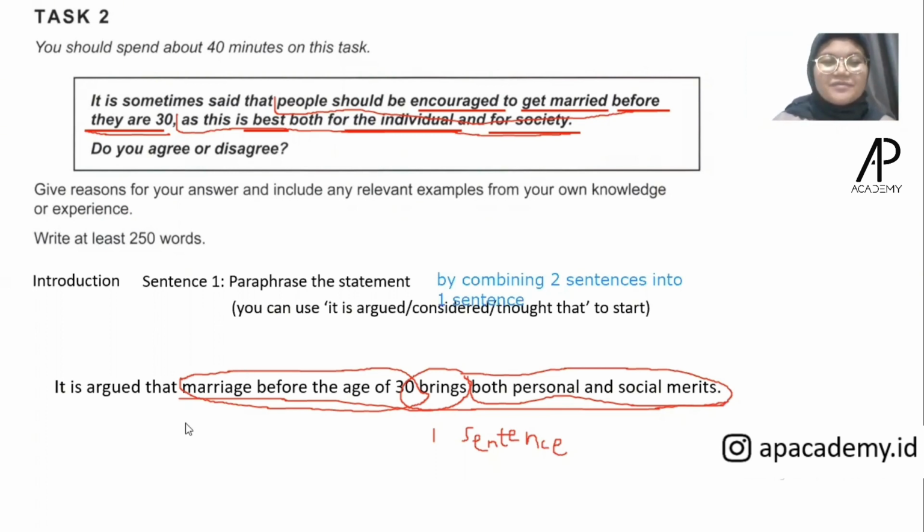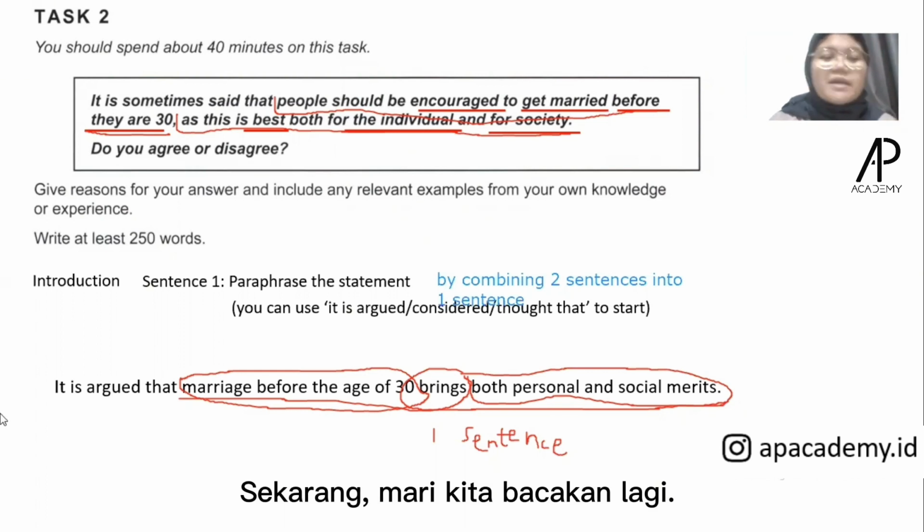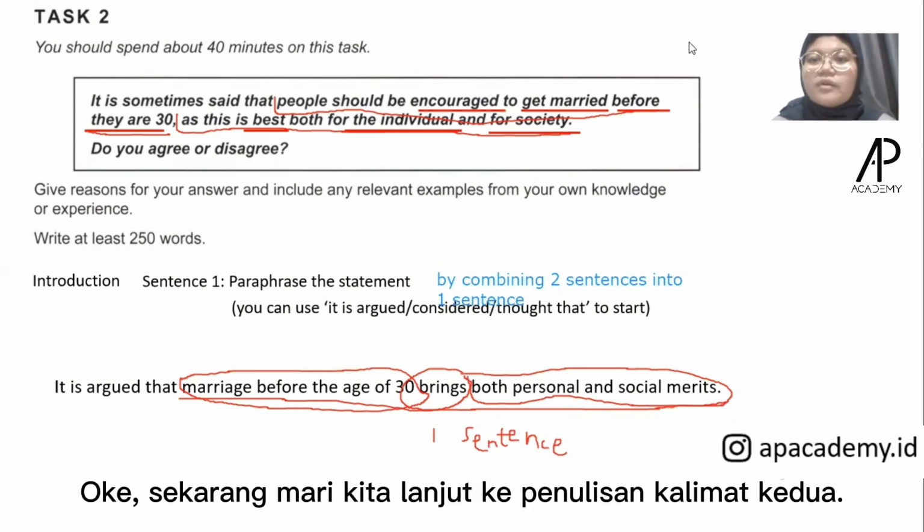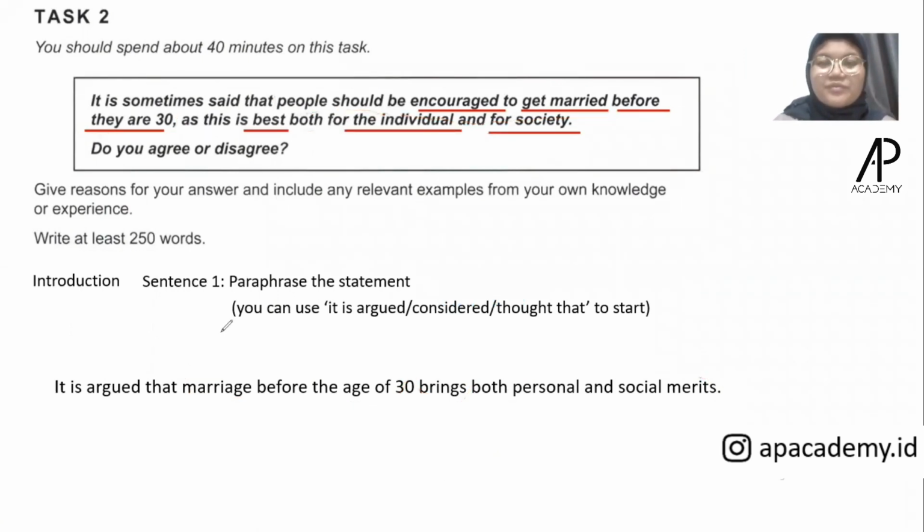Okay? Now, let's read it again. It is argued that marriage before the age of 30 brings both personal and social merits. Okay, now let's move on to writing sentence 2.